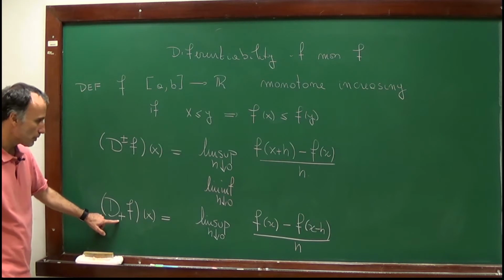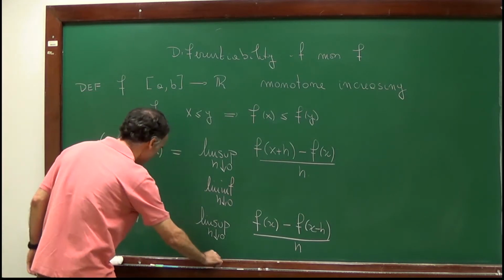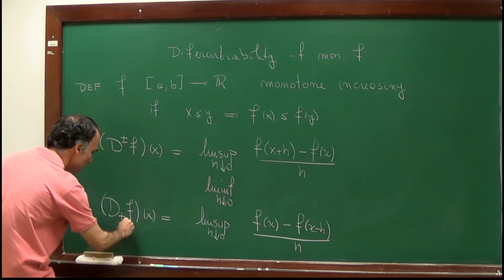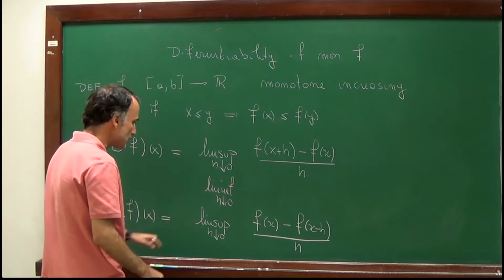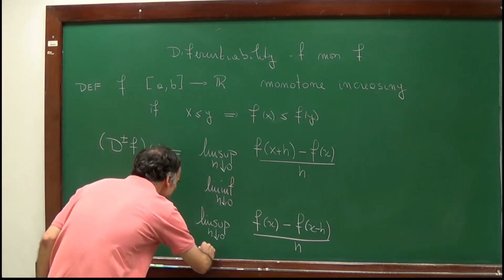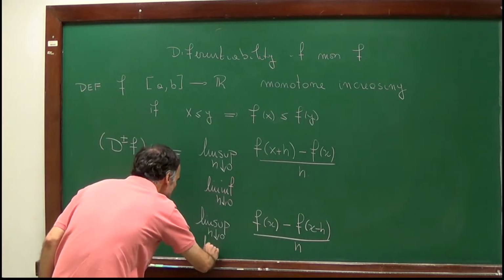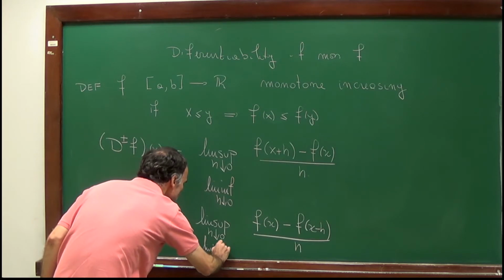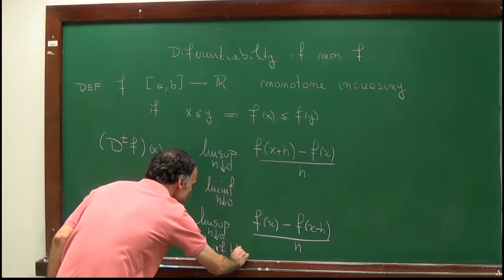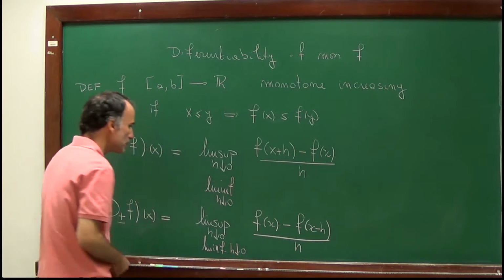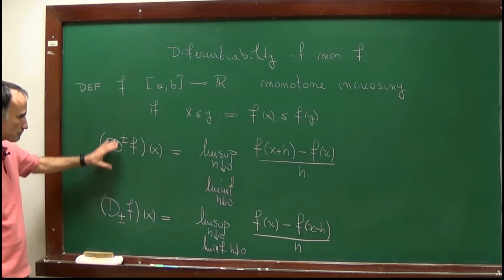So this is with a plus, and if I write D_-, I mean that instead of taking the limsup of this quantity, I will take the liminf as h decreases to 0. So this is just a notation.